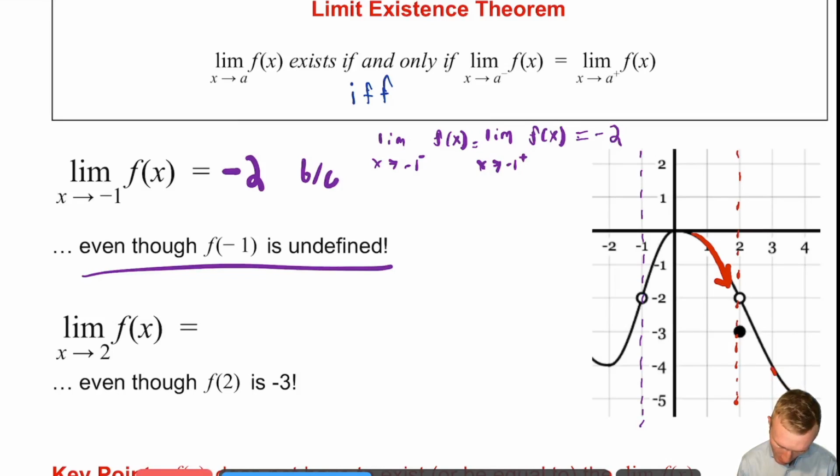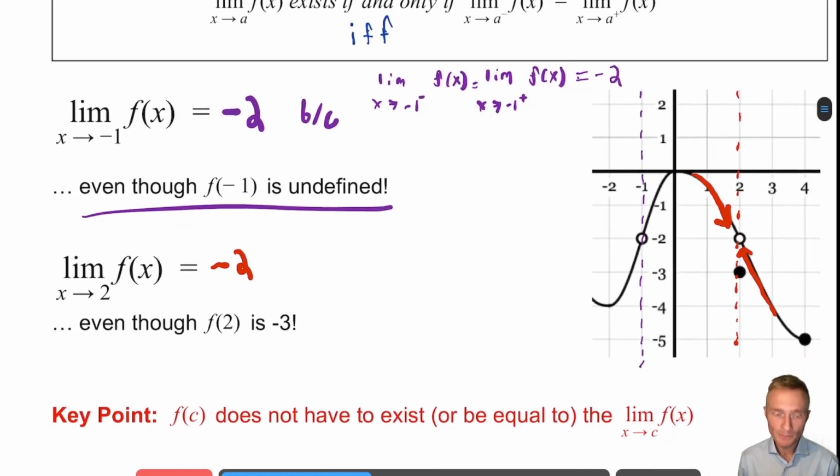My limit from the right, getting closer to a y value of negative 2. It does not matter. Even though f of 2 is negative 3 because of that closed circle, the limit is still negative 2 because the limit is just asking what number you are approaching, not what number you actually finally wind up with.